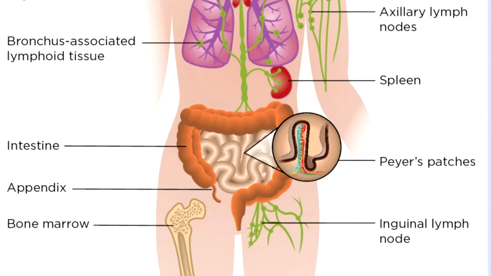From the gut tube, nutrients are absorbed into the body. The immune system is present in the intestines to protect us from pathogens that might be in what we eat. Tonsils, Peyer's patches, and the appendix are immune glands in the gut tube.